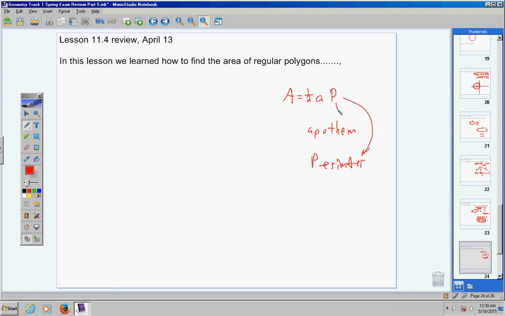P stands for the perimeter of the regular polygon, and a is the apothem. Now, in case you've forgotten what the apothem is, let me refresh your memory. You need to know this, okay? Let's say I asked you to find the area of this hexagon.